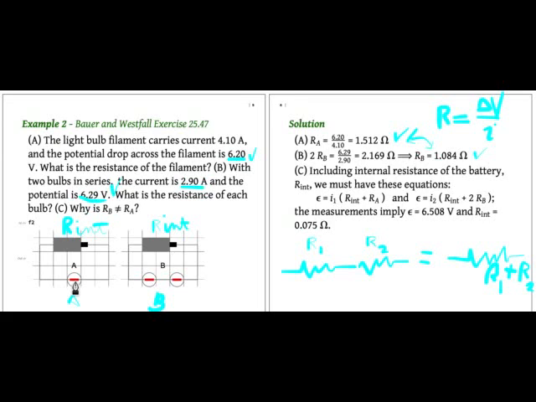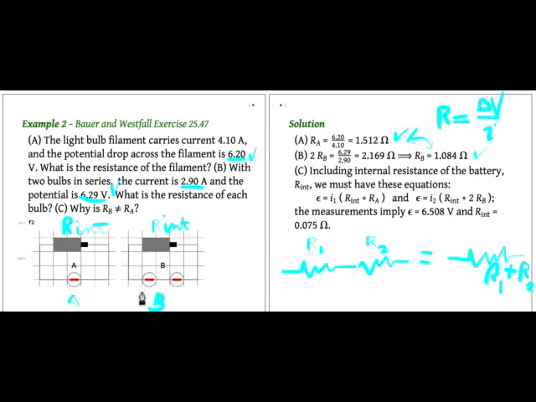When you start the current, the filament will turn red hot, and then it'll get even hotter. It'll turn white hot, so hot that it emits white light of all the wavelengths. And so these filaments have very high temperatures, and they'll have different temperatures.